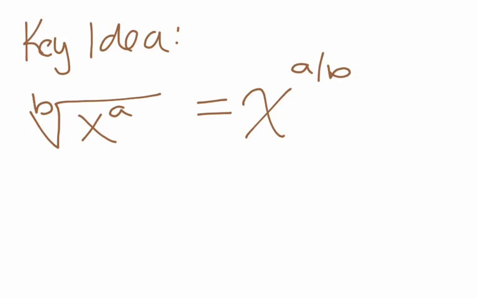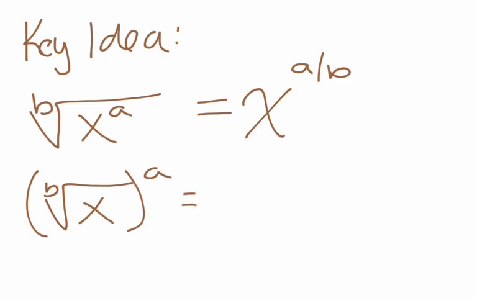Now, this next line might make you a little bit uncomfortable. This also works if the exponent is outside of the radical. And I actually hope that makes you a little bit uncomfortable, because in mathematics, we generally can't just move stuff.